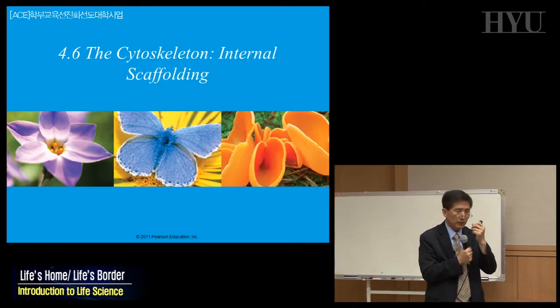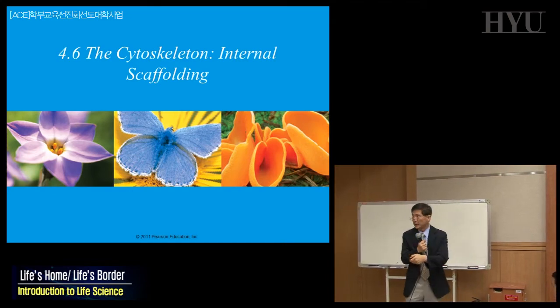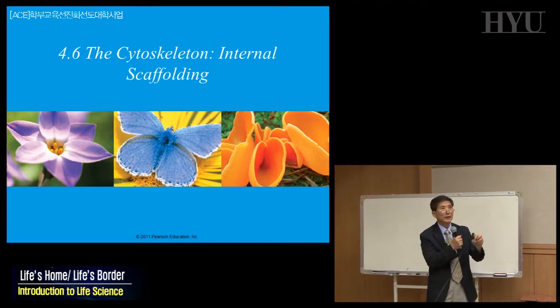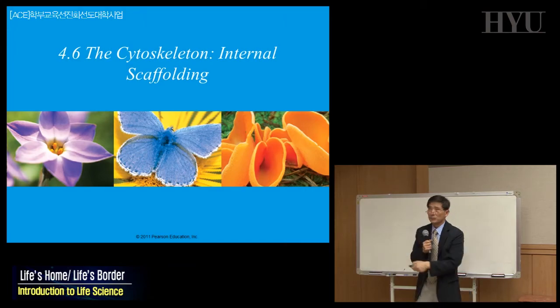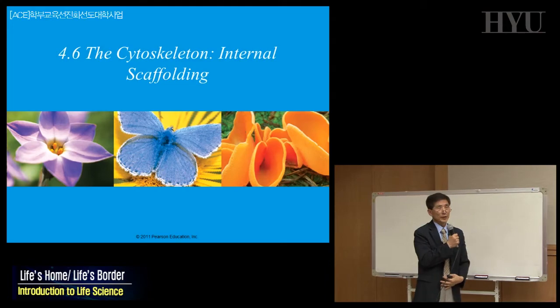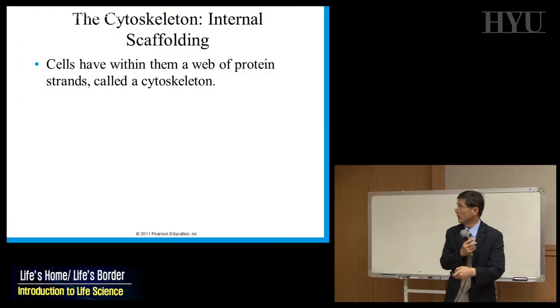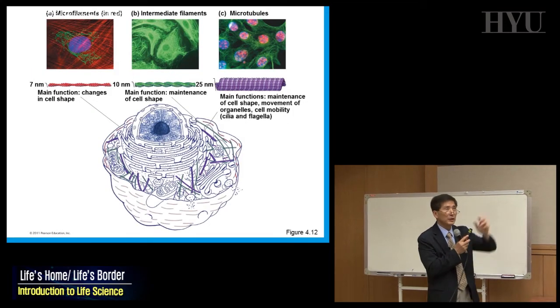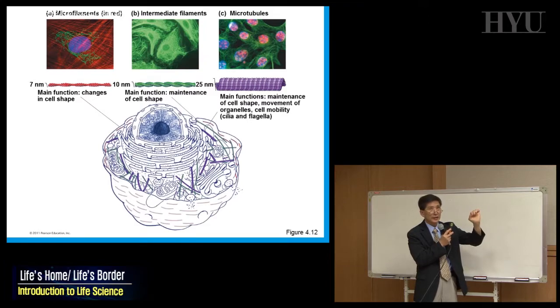Now the next one is called the cytoskeleton. What is cyto? Cyto means it's about the cell. Skeleton means bones. So this is a construction inside the cell. There are three types of ropes inside the cell.